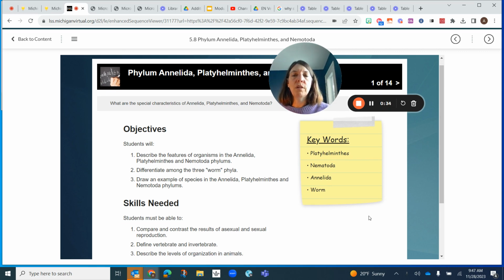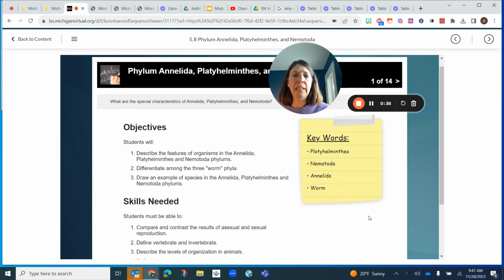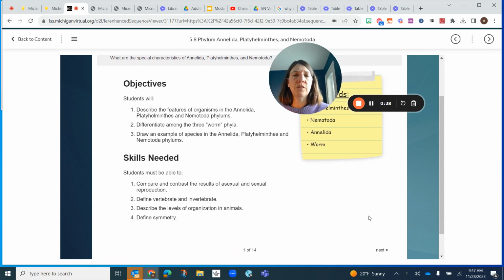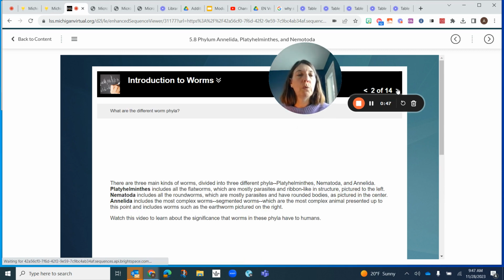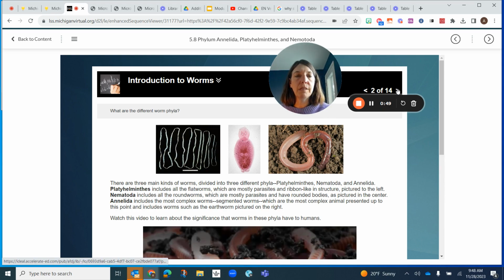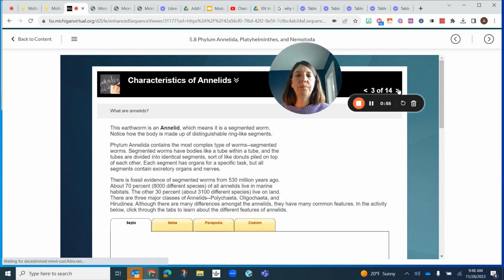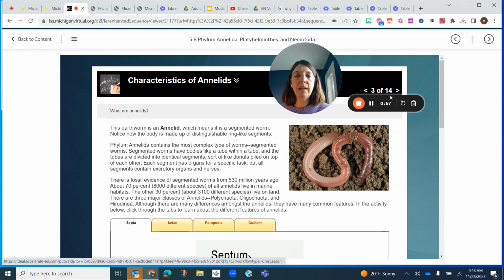Essentially, in these sections, we're going to go into characteristics for each of the phyla and the asexual and sexual reproduction. Remember, we're looking at bilateral symmetry always. So we look at the Annelida.